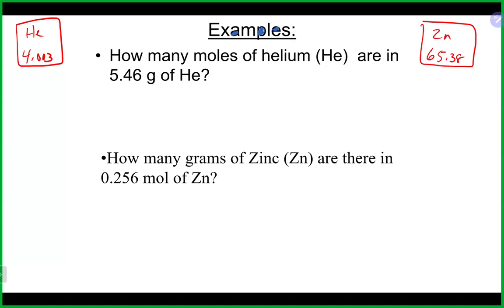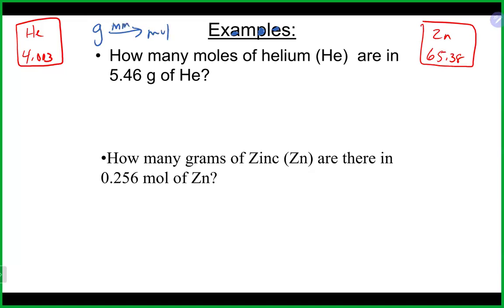Okay, so let's take a look. We want to know how many moles of helium are there in 5.46 grams of helium. So the first question is, do I need to use Avogadro's number here? The answer is no. There's no mention of atoms, there's no mention of molecules. So this is just a grams to moles conversion. They gave us grams, we're looking for moles.